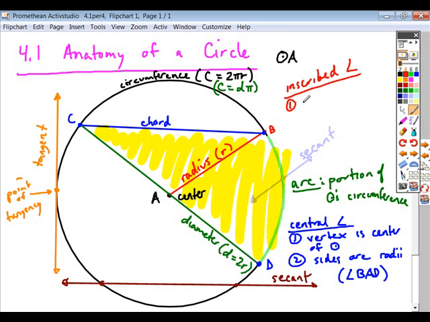And in an inscribed angle, the vertex lies on the circle. So the vertex is on the circle's circumference, as is the case with point C here. And this time, what are the sides of an inscribed angle? BC and DC are chords. And so the example in this case of an inscribed angle is angle BCD.